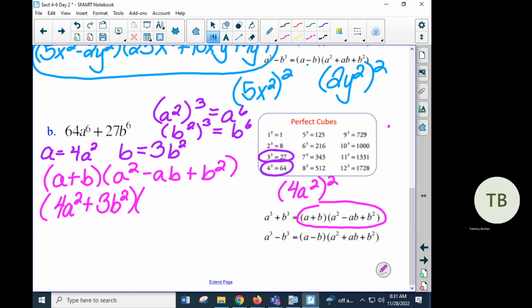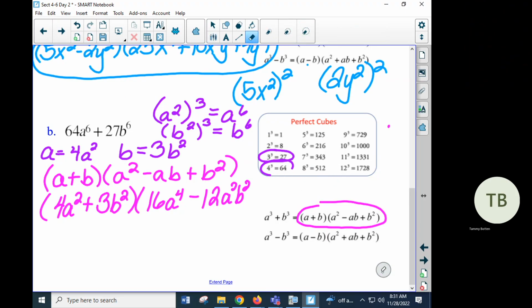4 squared is 16. A to the 2nd to the 2nd, you multiply, so that's a to the 4th. Then we're going to subtract a times b, which would be 12 a to the 2nd, b to the 2nd. 4 times 3 is 12, and then you have an a to the 2nd and a b to the 2nd.